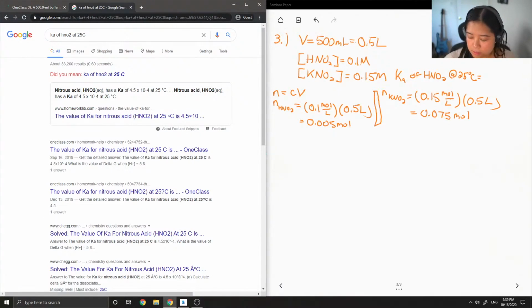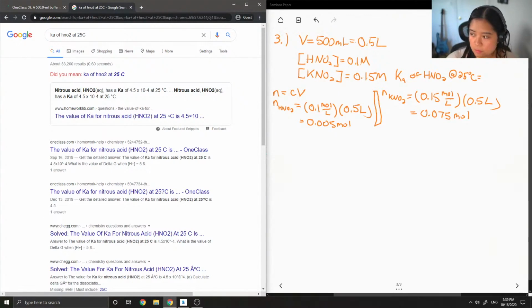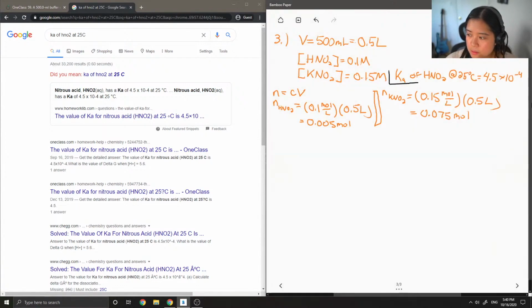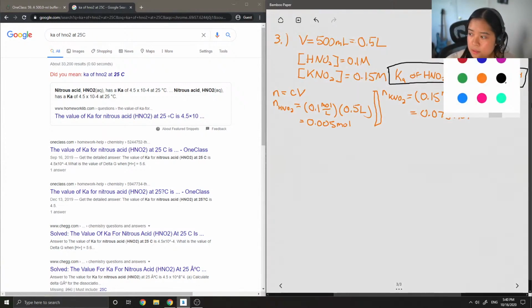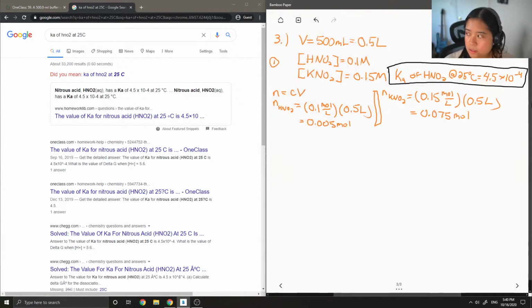Okay, so then you end up with 4.5 times 10 to the negative 4. So the first part of the question just kind of writes down all the values.